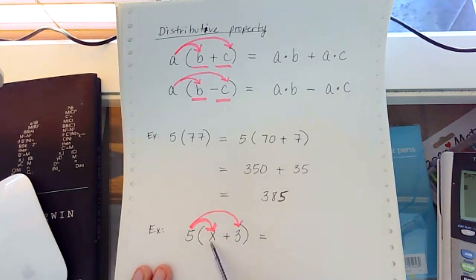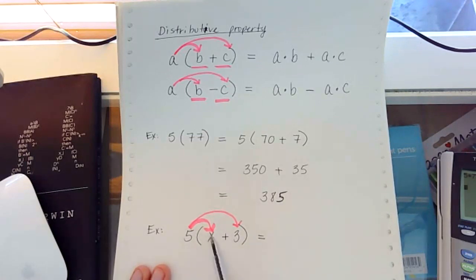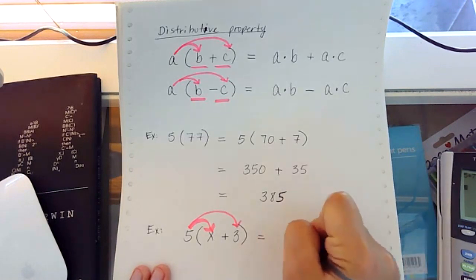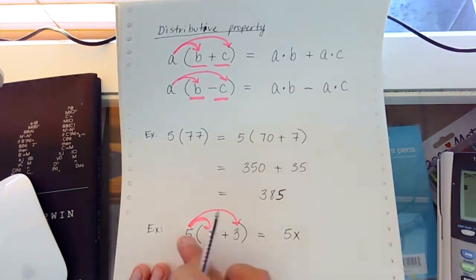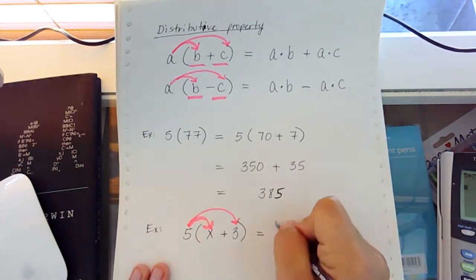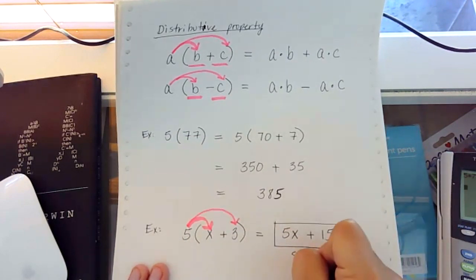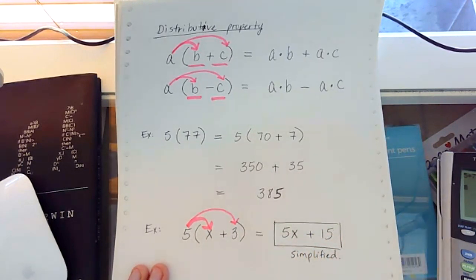I'm going to the store and I want an apple for myself, but maybe there are 5 people that I need to cater to. So how many apples should I get? Well, that's 5 times 1 apple, which would be 5 apples. So I need 5x. And then, I don't know, something costs $3. Let's not worry about what that $3 is. 5 times 3 is 15. So we would say that this is simplified using the distributive property.